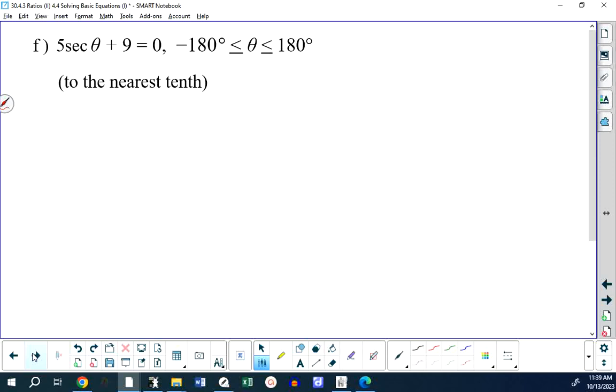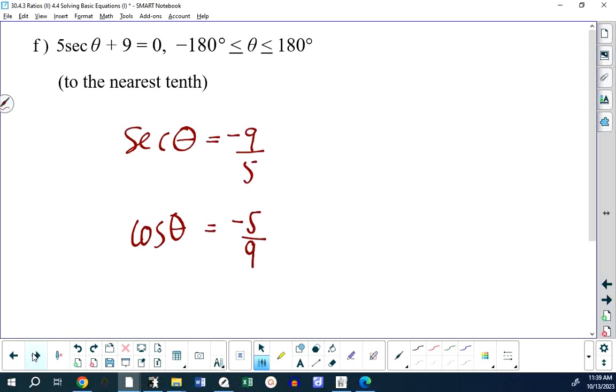The first thing I'm going to do is rearrange this for secant of theta. Then what I'm going to do is write it in terms of cosine of theta. Oh, we're in degrees. Easier to work with. Any questions on the first two steps?